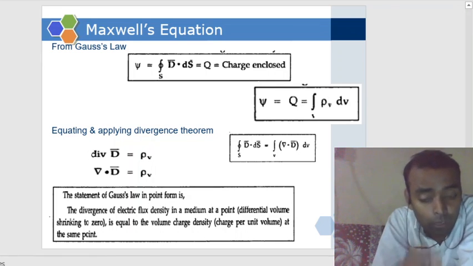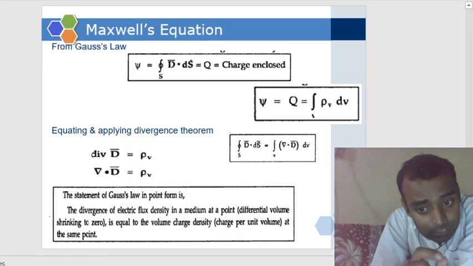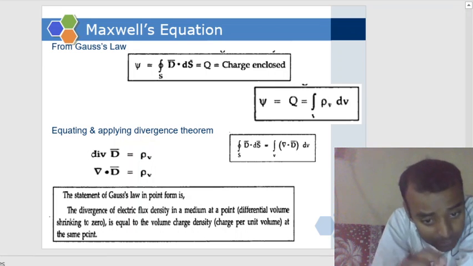Whatever point we are taking, the divergence of flux density at that point is equal to the volume charge density at the same point.